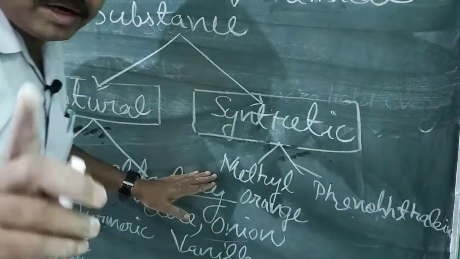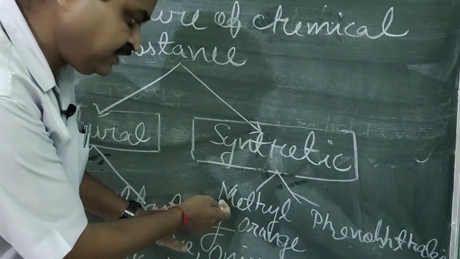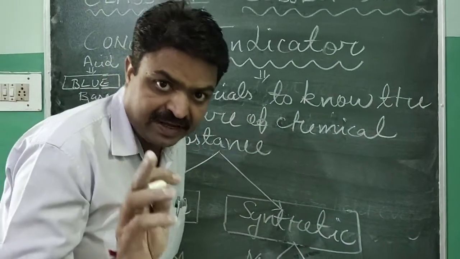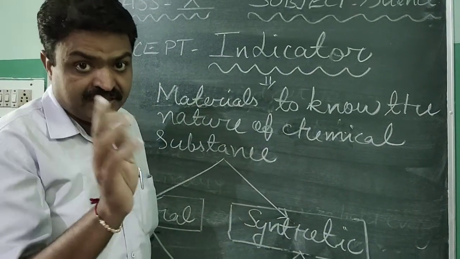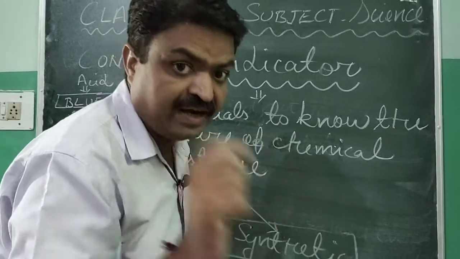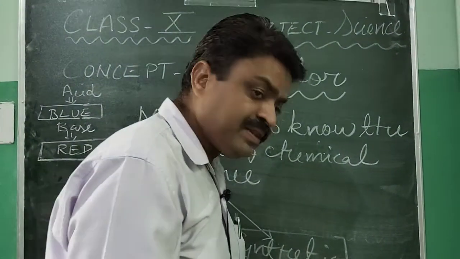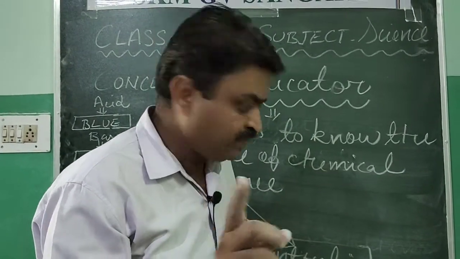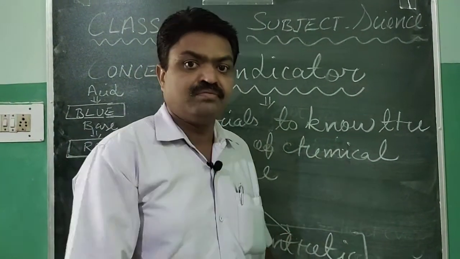If we speak about the color of methyl orange, then its color is orange. But in the presence of acid, its color is changed from orange to red, students. But in the presence of base, its color is changed from orange to yellow.